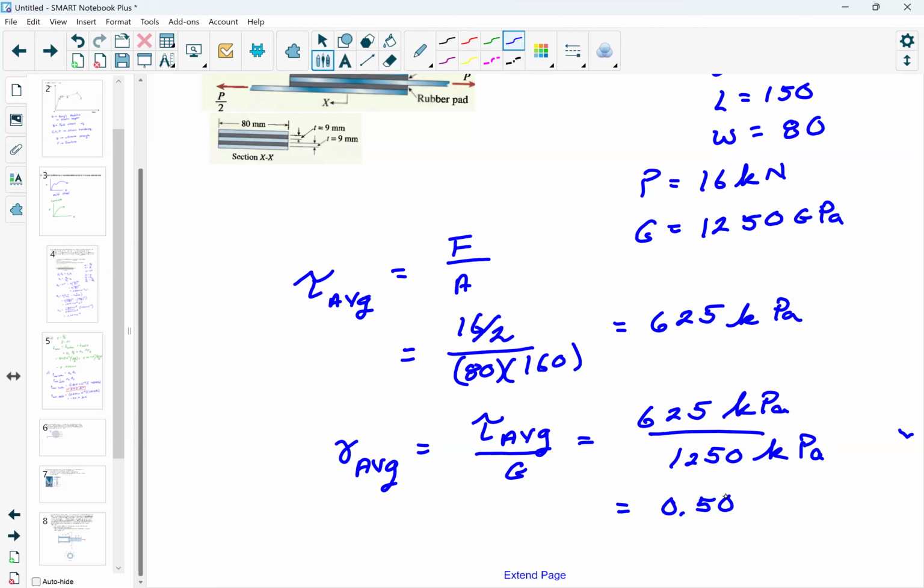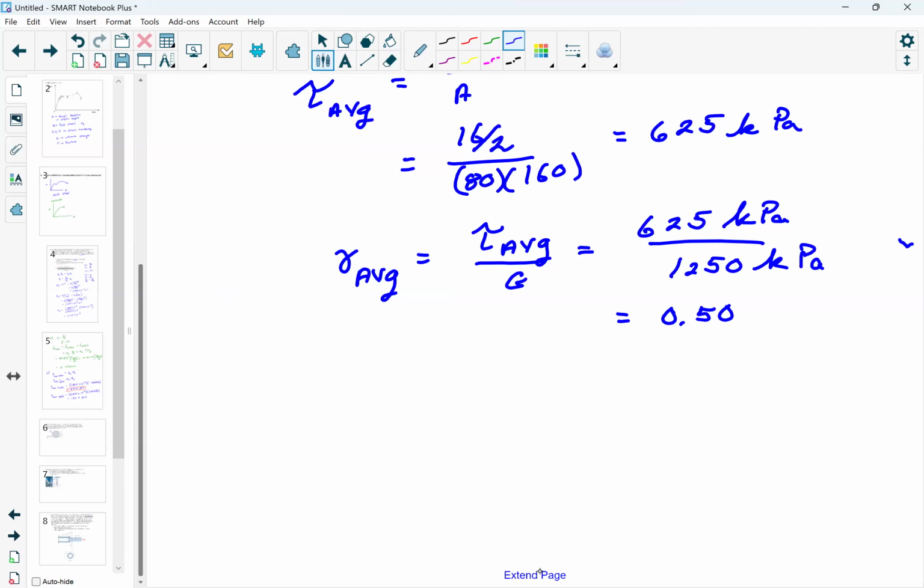All right. This causes a horizontal displacement, and I believe you saw this drawing in class. This here is my gamma average, so that's going to be my strain, and we want to know the horizontal displacement. So this is my delta, and this here is the thickness.